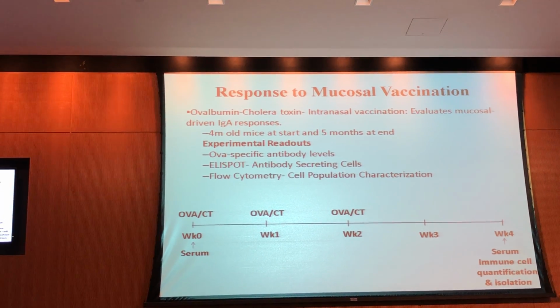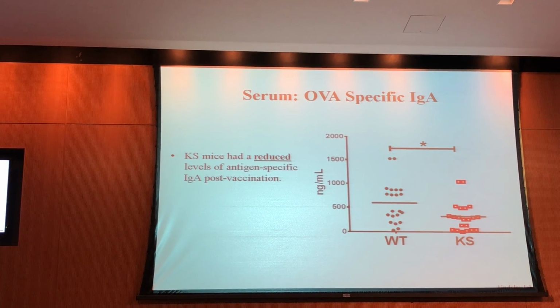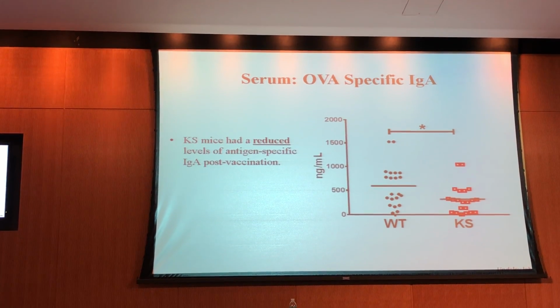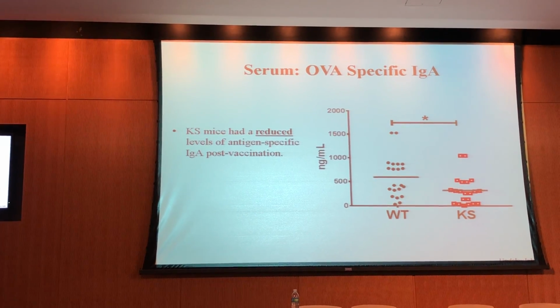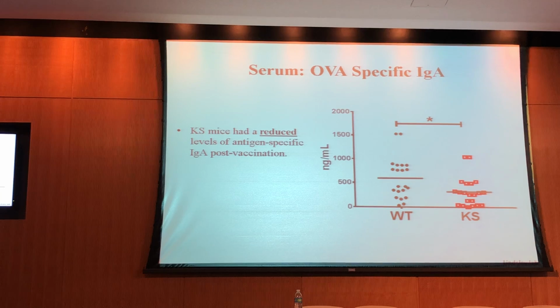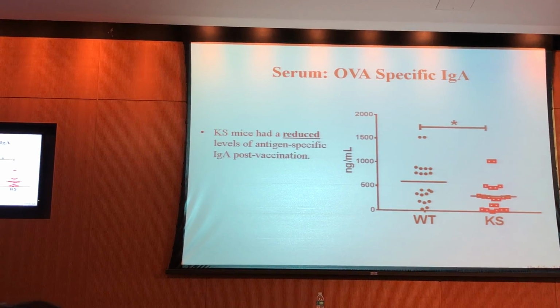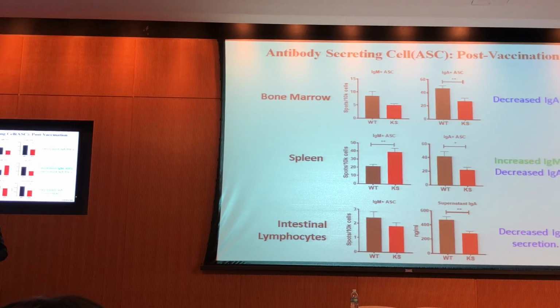We vaccinated the mice over the course of several weeks, and then looked at their ability to make ova-specific IgA, and it was significantly diminished in the Kabuki animals in comparison to the normal animals. This suggests that it's not just a non-specific reduction in IgA in the serum of the mice, but also that they have a difficult time responding to particular immune challenges.